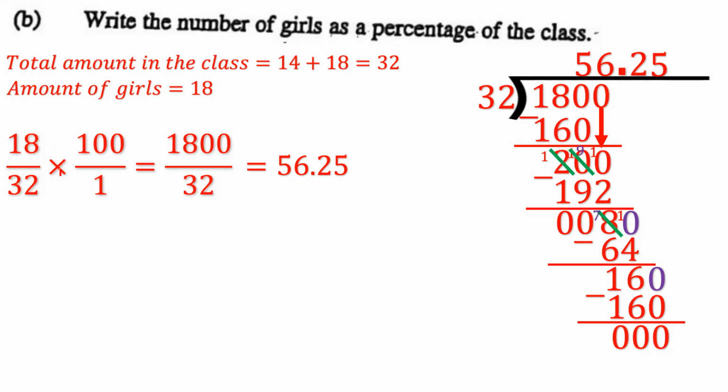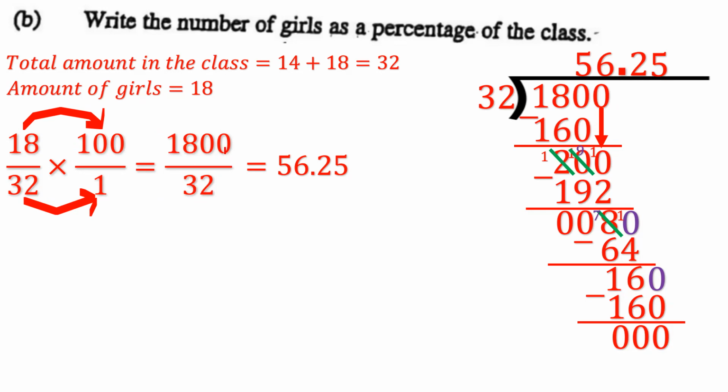The way we do this is we multiply by 100. So we say 18 times 100. What is 18 times 100? Well, 18 times 100 is 1,800. And then we do 32 times 1, which is definitely 32.